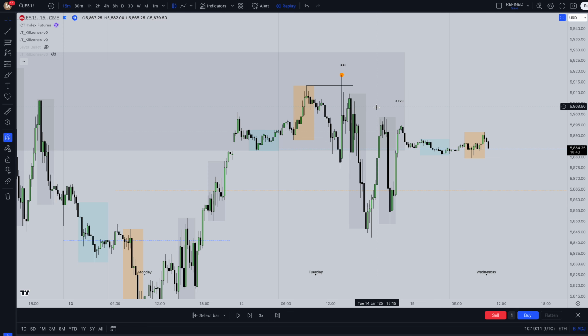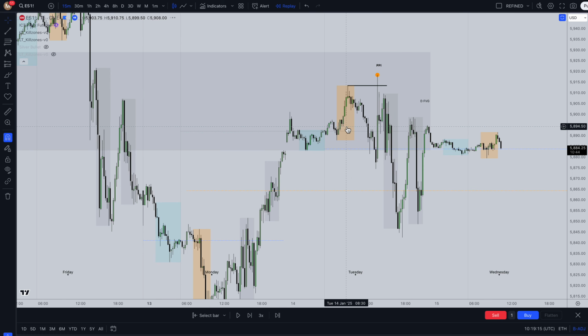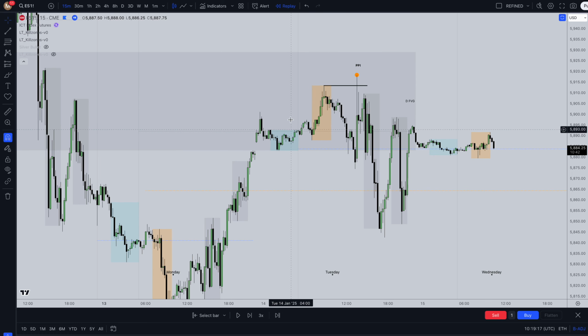Another factor that can play in is that you can argue, well, technically speaking, didn't we sweep liquidity already? Number one, during London, as I've mentioned in previous videos, there is a high likelihood of creating the high of day. Yes, all these factors are 100% correct.